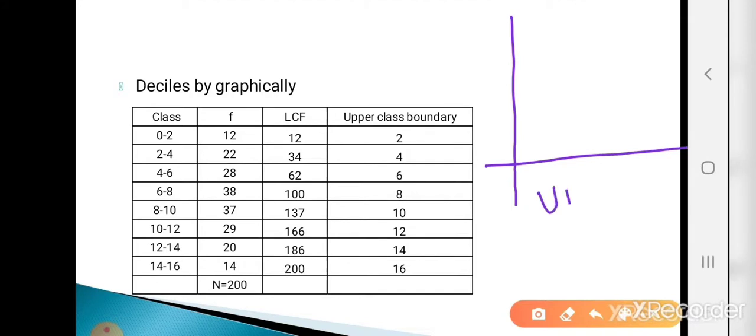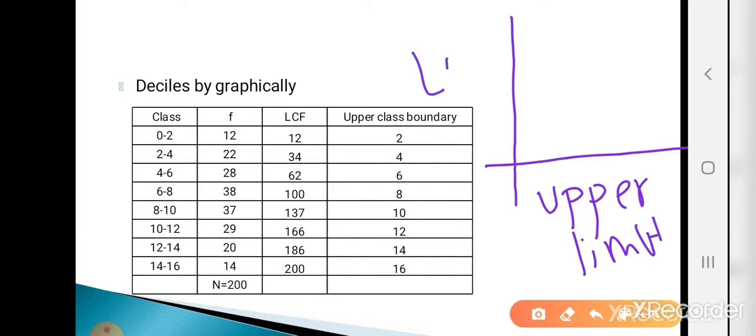Take the upper limit, that is the upper class boundary, on the x-axis and the LCF value on the y-axis, plot the points on the xy plane and join these points by a smooth curve. The graph is called the less than ogive curve. But one condition is that to draw the less than or more than ogive curve, we need the classes in exclusive form. Our classes are already in exclusive form, so no need to convert them.